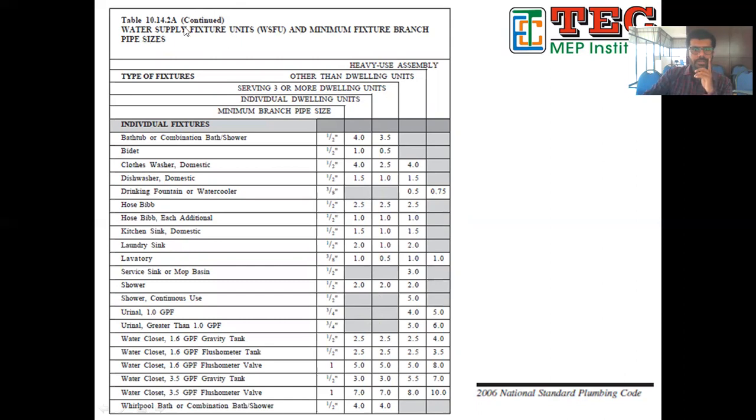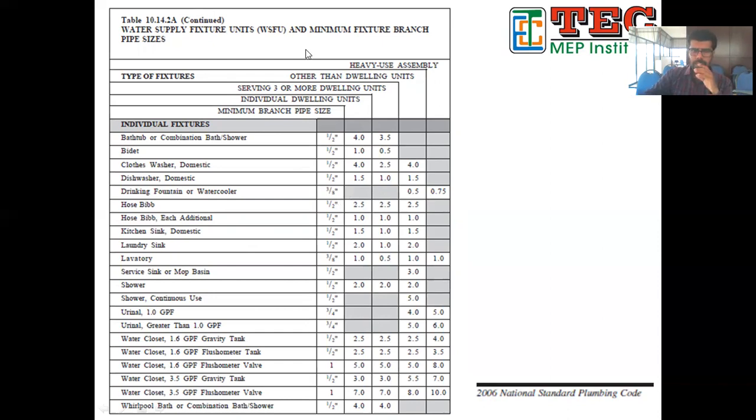So here, how to find out the pipe size: there are different methods to find out pipe size. Different codes are there. Okay, you can use NBC, you can use NSPC, and you can use IPC. Okay, you can use Universal Plumbing Code. Different methods and different codes are there. So here we are following NSPC only.